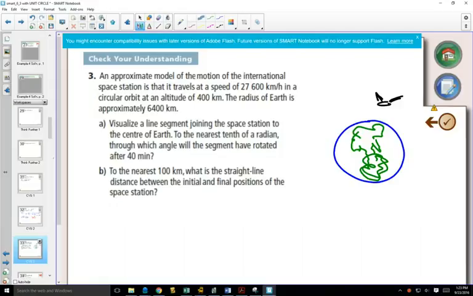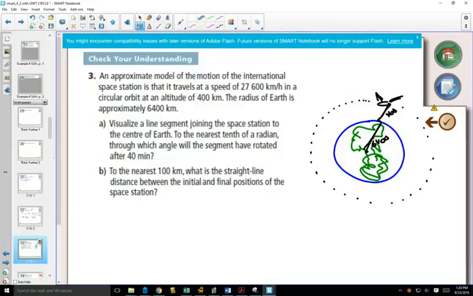Well, they fly. So now this space station is traveling in an orbit around here. If we went right from the center out, we know that this is 6,400 kilometers, and this little bit more is another 400 kilometers. So where it says visualize a line segment joining it to the Earth, oh, look at this, this is perfect.